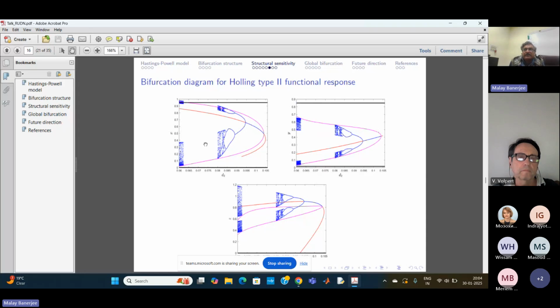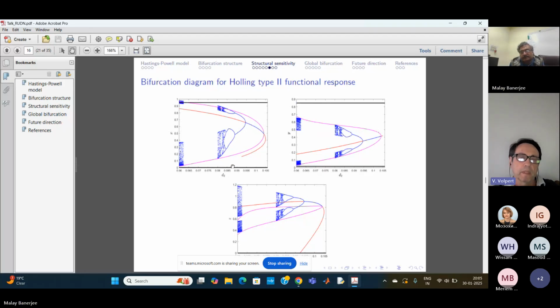Then we have observed, say, up to z equal to 0.02, the trajectory converges to the limit cycle on the XY plane. But once z0 is greater than 0.02, the trajectory will converge to either a 2-periodic solution or 4-periodic solution or chaotic attractor in the interior of the first quadrant, once the value of D2 is lying somewhere here.